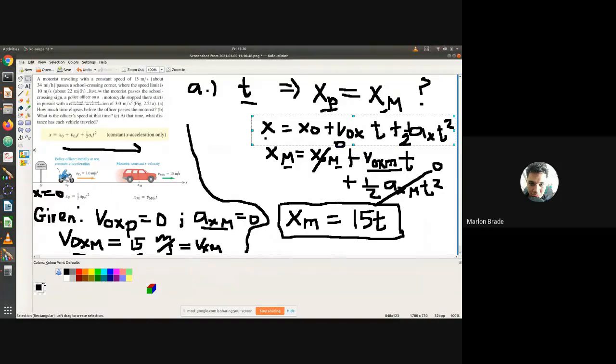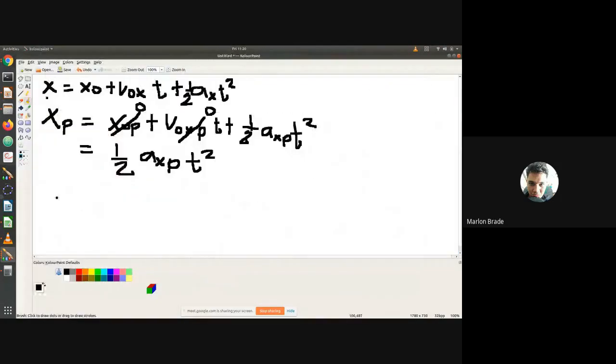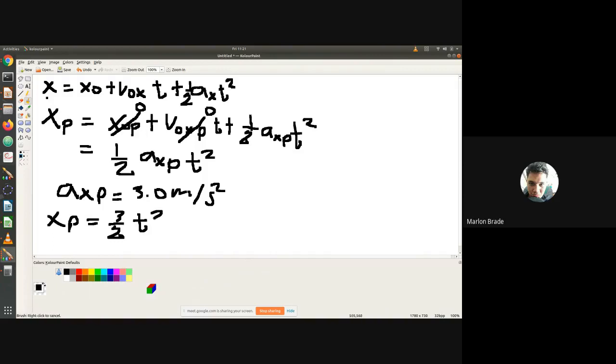So the acceleration along the x-axis is 3.0 meters per second squared, which means x p is equal to 3/2 times t squared.